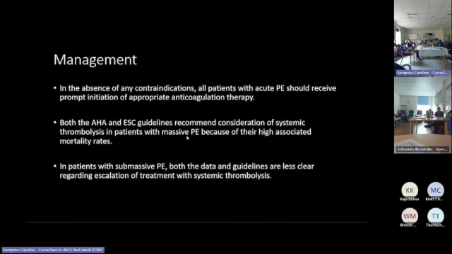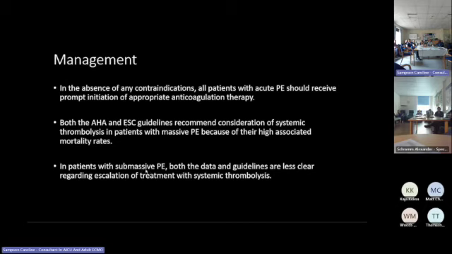So in the absence of any contraindications, all PE patients will receive or can receive appropriate anticoagulation therapy. The European and American guidelines both recommend systemic thrombolysis in massive PE patients because of the high mortality rates associated with massive PE.